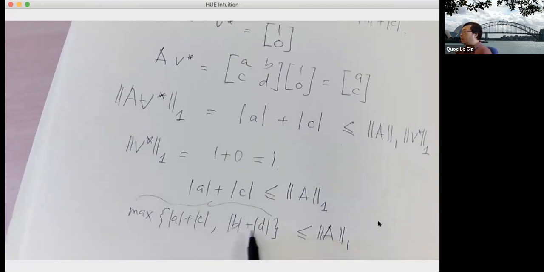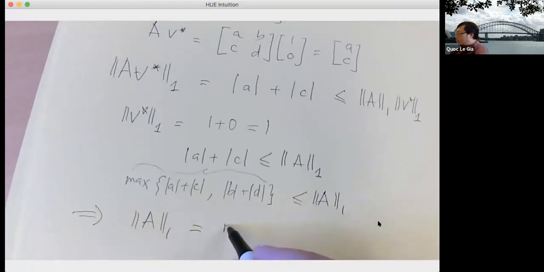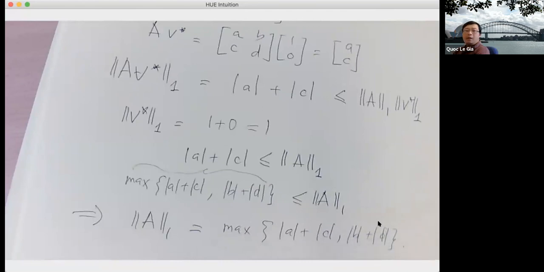And now we show that this quantity is less than or equal to the one norm of A. So the conclusion is it has to be equal: the one norm of A has to equal the max of a plus c in absolute value, b plus d. So that's what we want to prove.